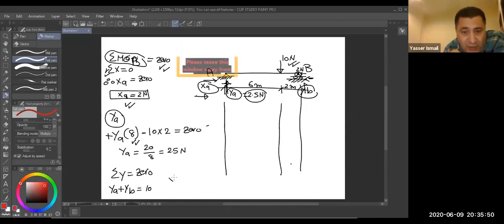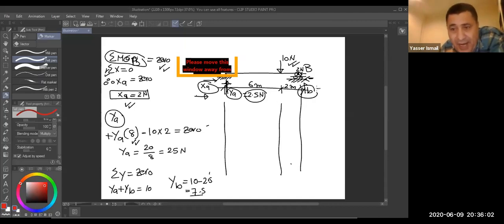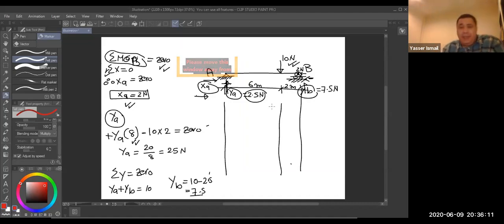That means YB equals 10 minus 2.5, which equals 7.5 Newton. Okay, guys? Now we get all the reactions.